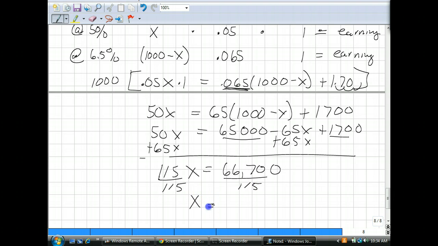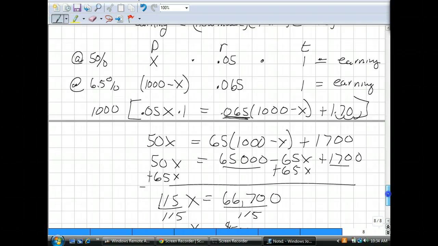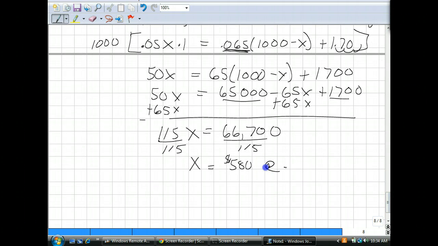So x equals $580. So remember, x was what he had invested at 5%. So to find out what he invested at 6.5%, we take 1,000 minus 580, which is going to equal $420 at 6.5%.